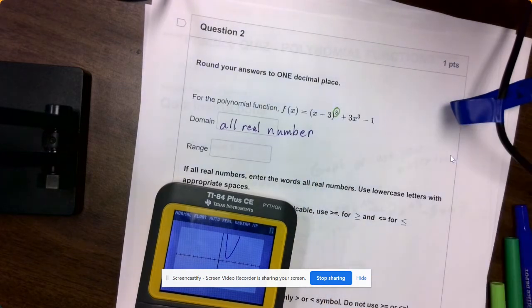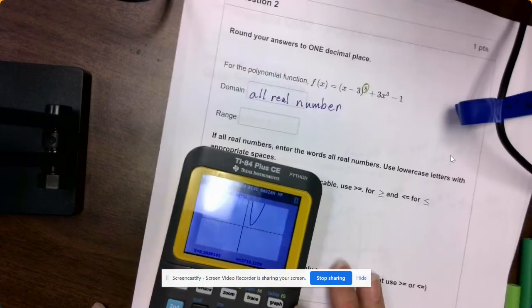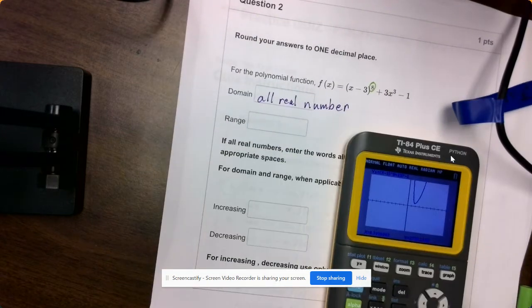For the range, you can use the trace function, everybody. So if I go right on this, so do trace here. So if I do trace, okay, it's going to give me the values down here, everybody, right here.